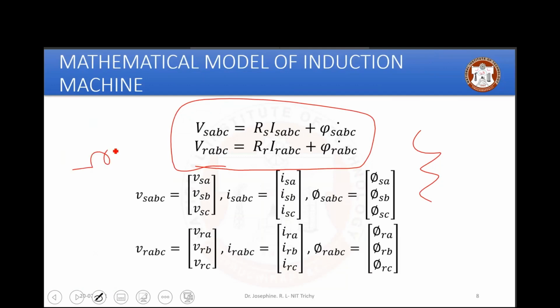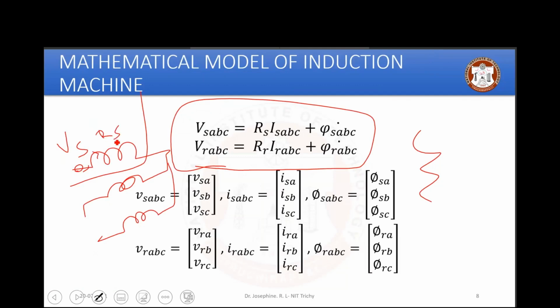That means if you just take the equivalent representation of a machine, and if you take the per phase representation, if it is your V, and if you take its inherent resistance Rs, and if you see the current IABC, then obviously you know V is equal to, if your Vs is across the inductor, then it is like Ris plus d psi by dt.